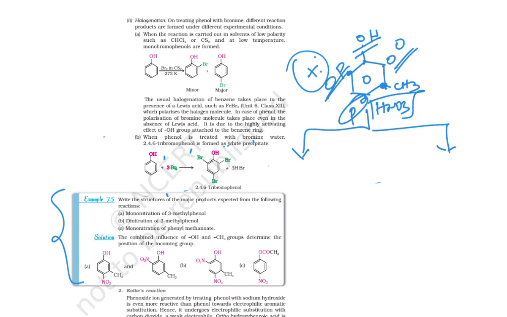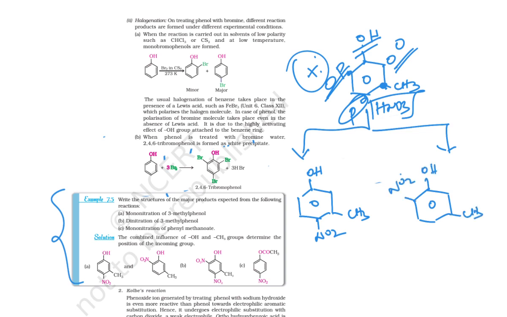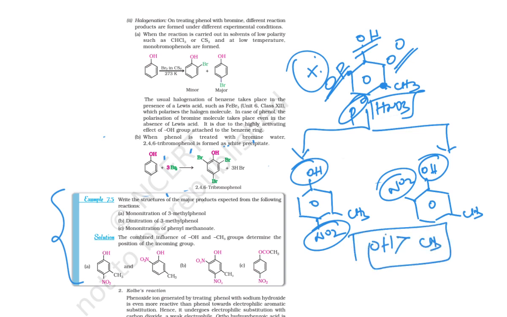The reaction is not possible at the meta position, but only at the ortho and para positions. At that time, this is the OH group, and with respect to this the NO2 is going to be here. That is the first product. For the second product, your OH is here, your CH3 is here, and here is the NO2. The NO2 attachment is directed by OH. If you compare OH and CH3, OH is more activating. Clear?